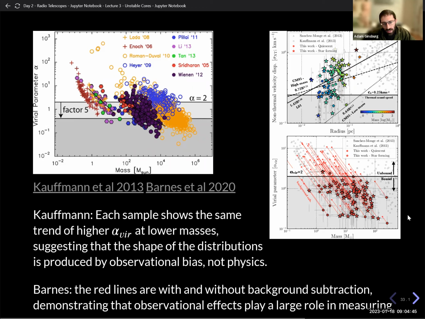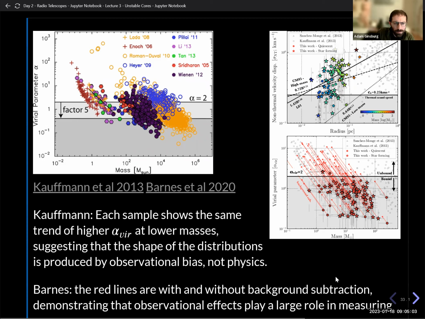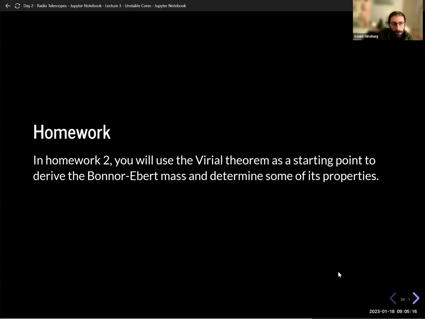And the point here is that depending on how you do the measurement, you get very different answers for whether something is unbound with a high virial parameter or bound with a low virial parameter. So this is really just highlighting some of the challenges we're facing. It's part of why ISM and star formation study remain a very active topic of study, because these sorts of biases crop up all the time.